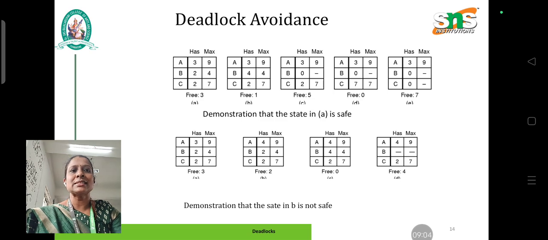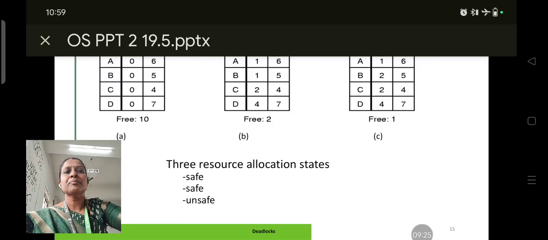In the next diagram also the system is in the safe state. In the last diagram, all the resources are allocated to process A, process B and process C. Now this particular system is in the unsafe state, so we can identify that the system is going to enter into deadlock.